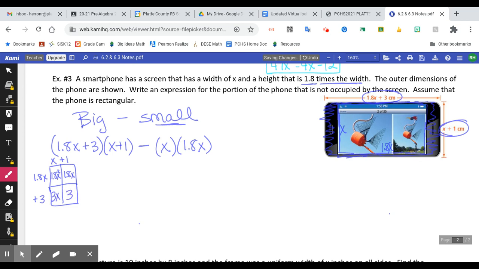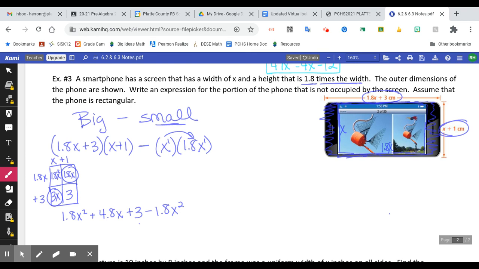So for this side, I have 1.8x squared, 3 plus 1.8 is 4.8x, then plus 3. Then I'm going to multiply these two terms. This is a negative, so negative 1.8x squared, and I'm adding 1 and 1.